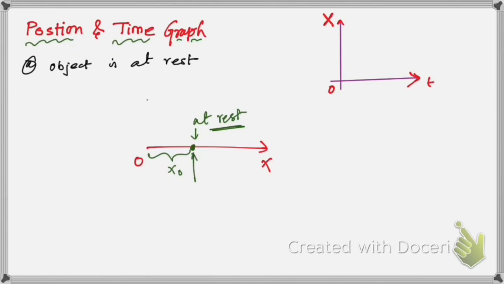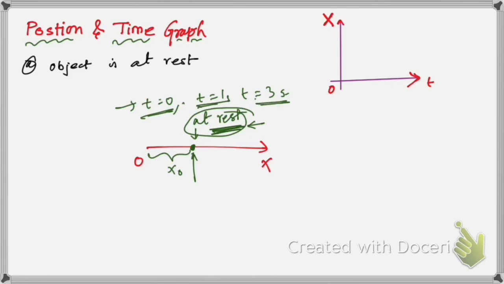then if it is at rest, it will always be at the same position, right? At t is equal to 0 second, at t is equal to 1 second, at t is equal to 3 second. As it is at rest, it doesn't matter what the time is, it will be at this position. There will be no change in position.